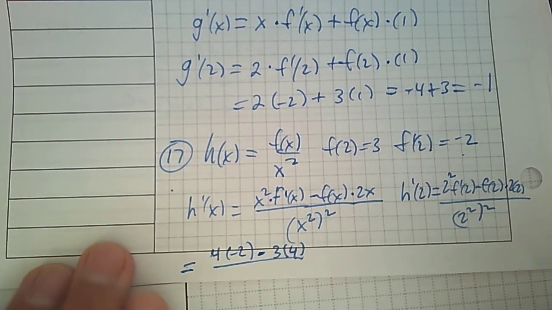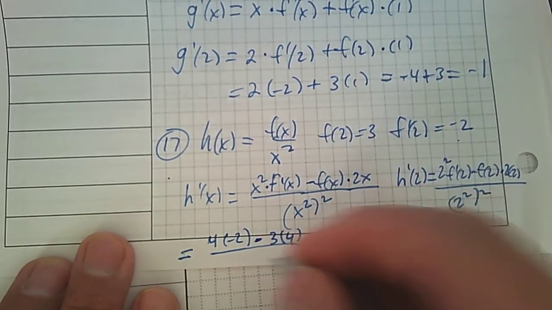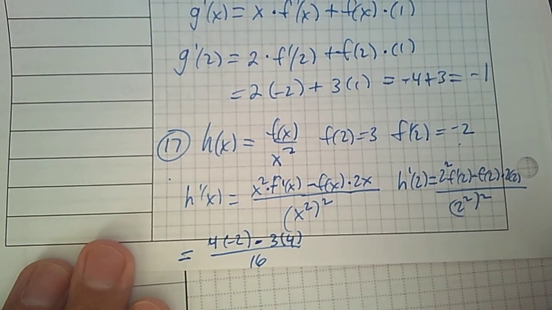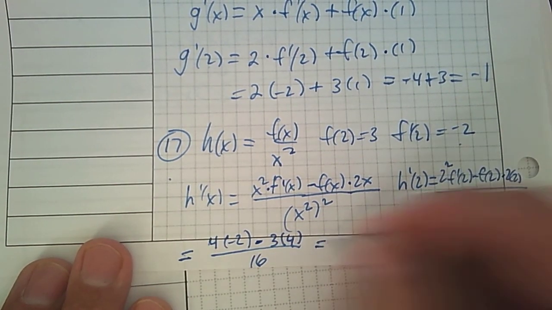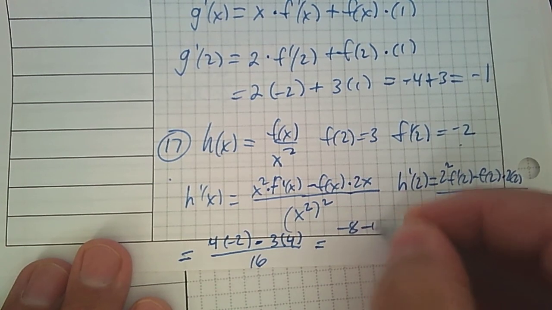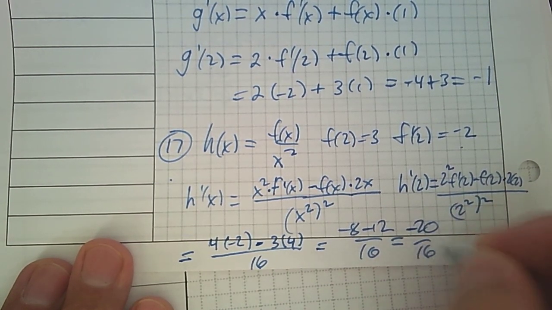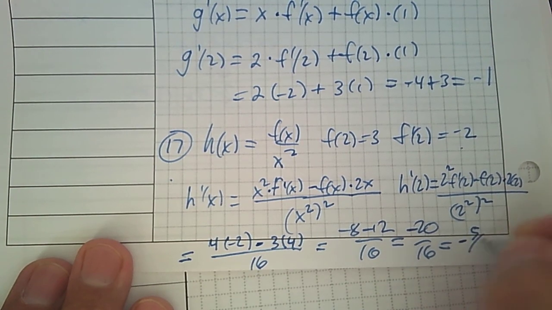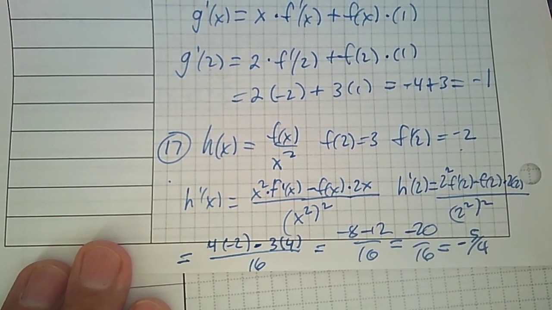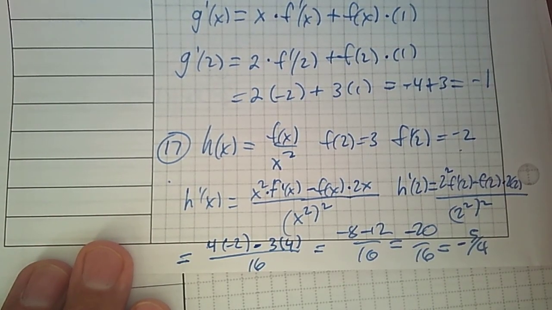And then the denominator, 2 squared is 4, and 4 squared is 16. This is negative 8. Subtract 12 over 16. That is negative 20 over 16, and that's a good answer. Negative 5 over 4 could also be an answer. Done. A little bit more challenging, right, to be able to apply the concept here.